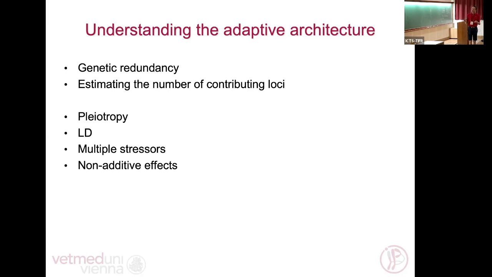And then I will talk about complications: pleiotropy, linkage disequilibrium, and multiple stressors. If you want to go very simple, this is E by E interaction, and not G by E, which Luisa has introduced. It's E by E. And then I will talk about non-additive effects.